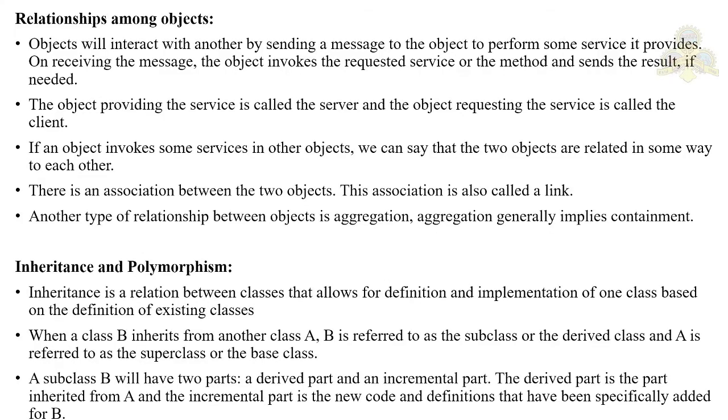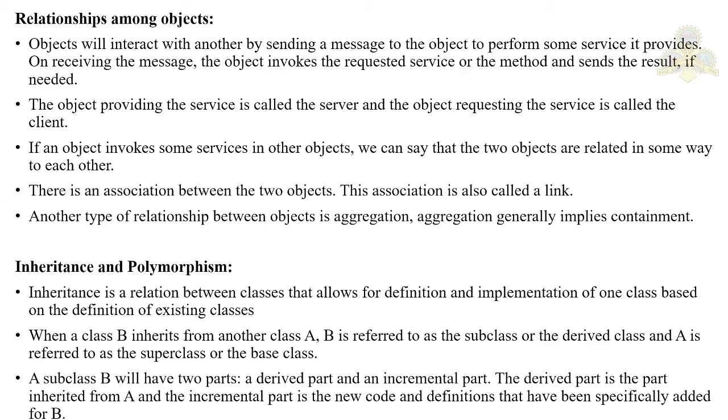The next one is the relationship among the objects. The relation between the objects defines how the objects will interact or collaborate to perform any operation in that application. Whenever you have objects, they will have to communicate with each other, right? By sending messages or by invoking functions.